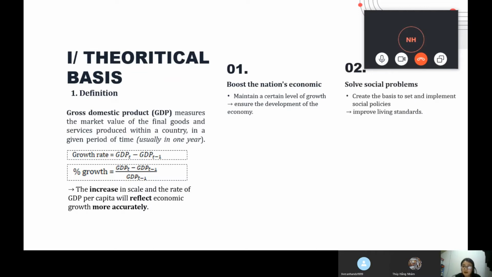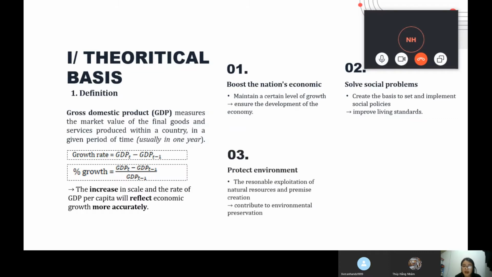Secondly, it can also solve some social problems by creating the basis to set and implement social policies, and then can improve living standards. It can protect the environment, that is, the reasonable exploitation of natural resources can contribute to environmental preservation. And last, it can advance education and technologies by creating physical premises to promote higher levels of education and technologies.